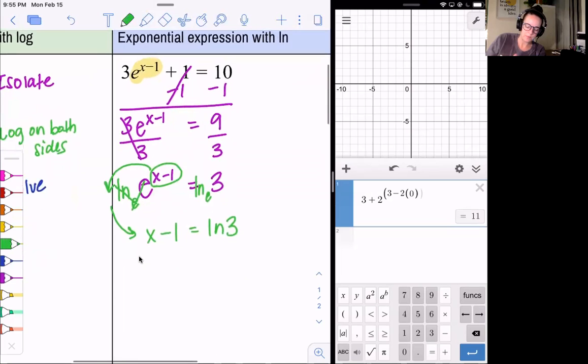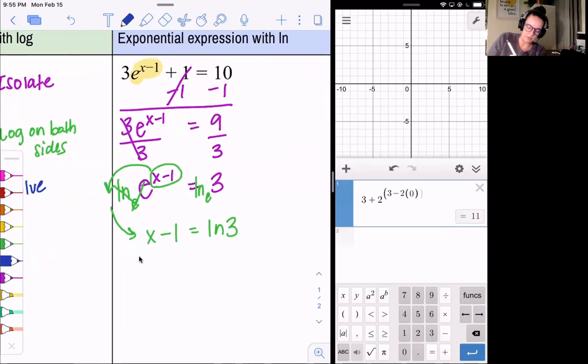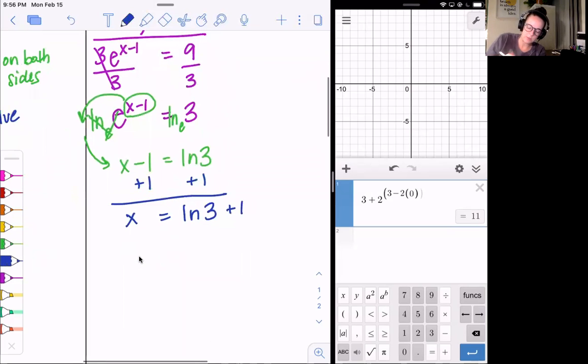From here, my last step is to solve. So I'm going to add 1 on each side. x equals, I'm going to leave it here, the natural log of 3 plus 1. This would be my exact answer.